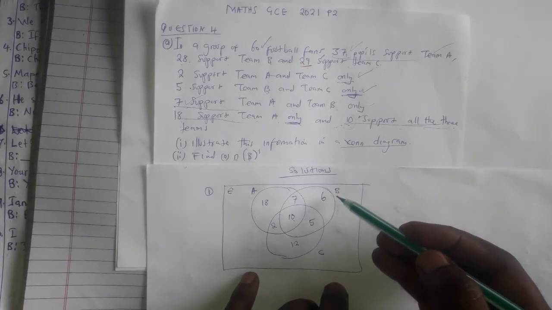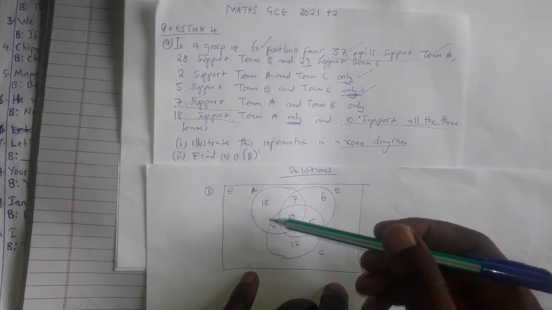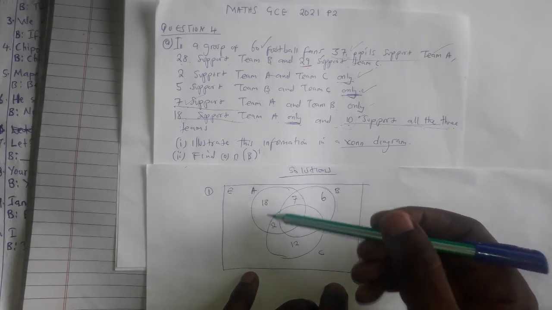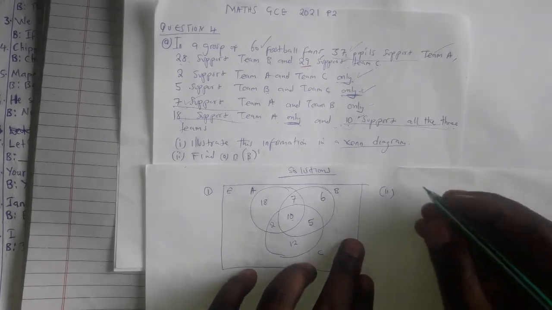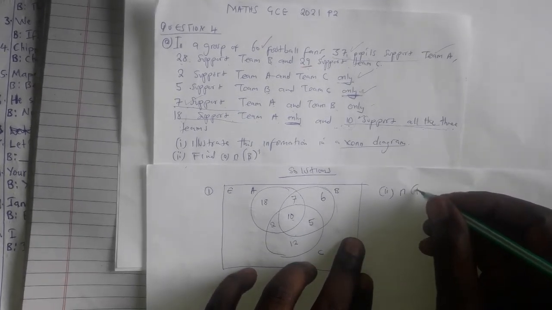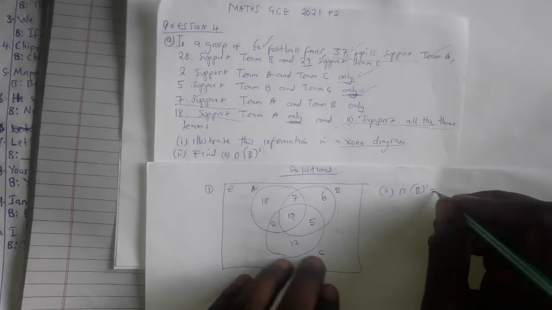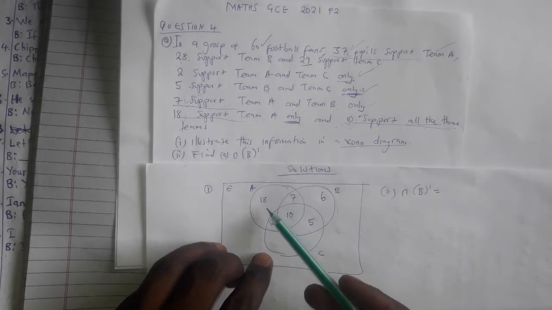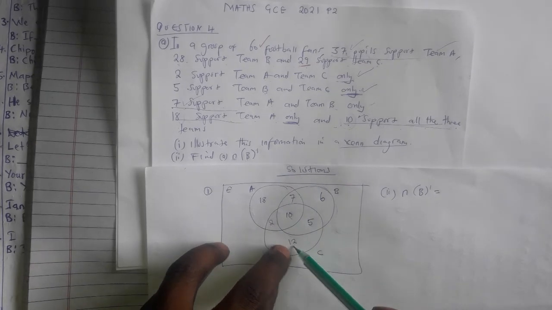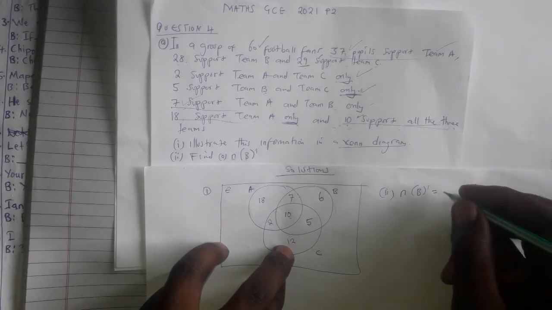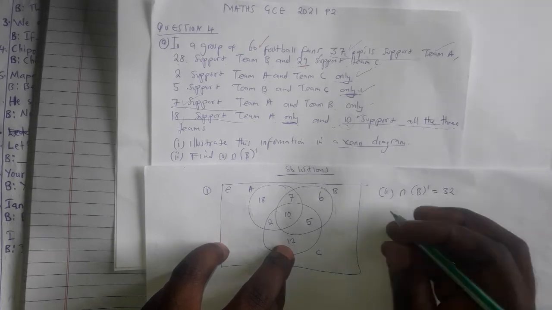Now the B complement is about these elements which are not part of B. So for question 2, we are going to say numbers of B complement. We simply add what we have. So there is this 18 plus 2, 20 plus 12. We are going to have 32. That is for part 2.